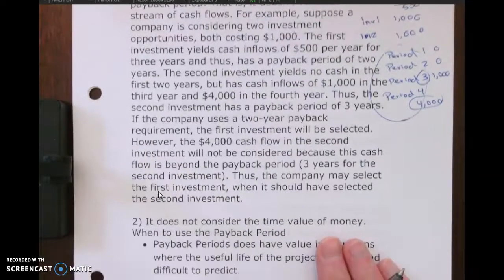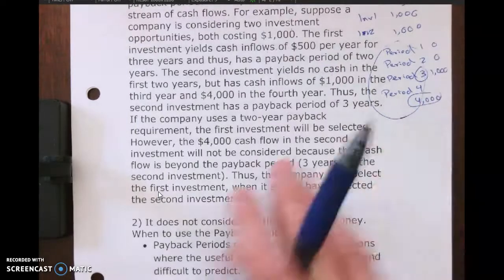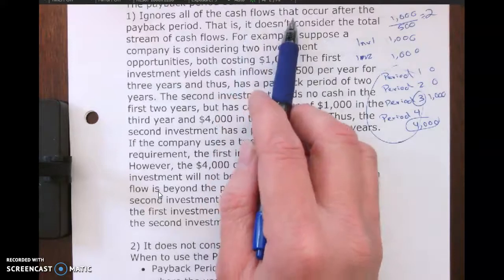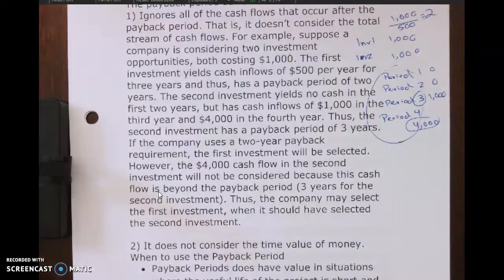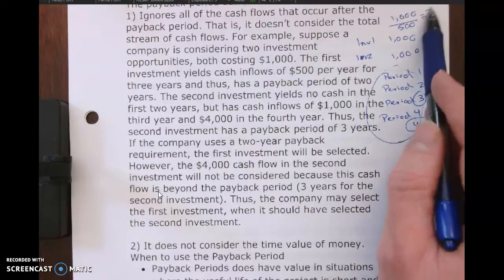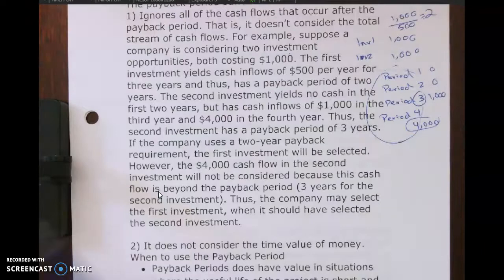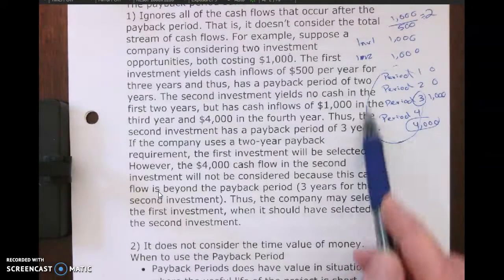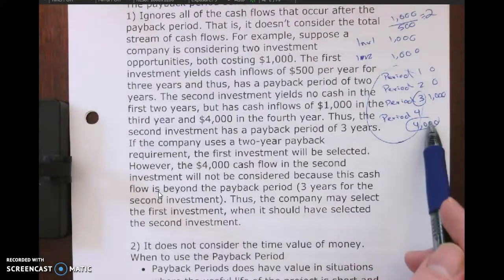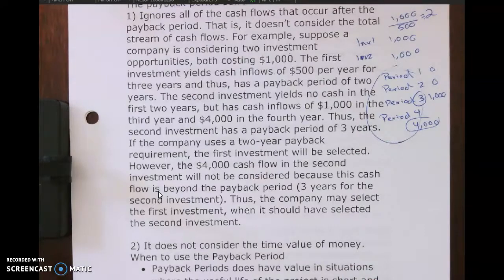So that's what I'm saying, is that if you just look at payback, it ignores those cash flows that occur after the payback period. So in this case, payback was 3. We didn't even worry about this one, and we would have chosen this investment anyways because it had a lower payback of 2 years. But this one actually may have a higher net present value because you've got this big $4,000 cash inflow coming in period 4. Okay?